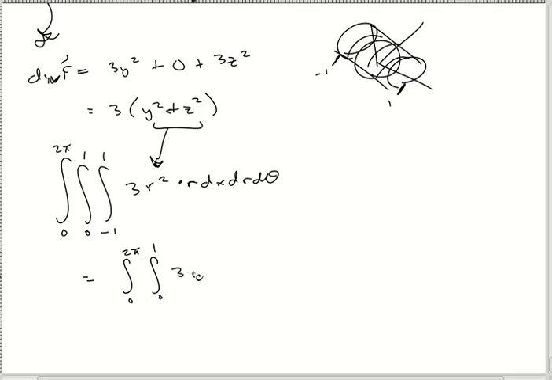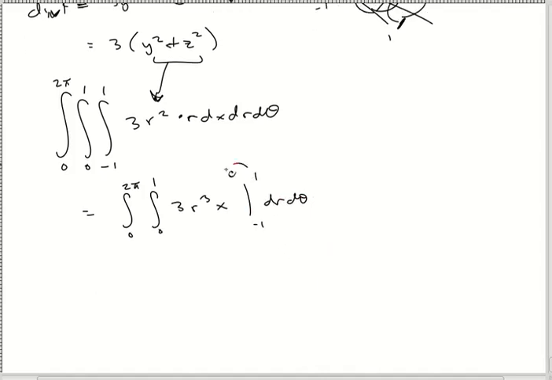It's multiplied. So I don't have an x, so I basically just put an x there, and I'm going from -1 to 1. Plugging in 1, I get itself, and then minus a negative, it's doubling it, basically. So then I got 6, and then I have my double integral r cubed dr d theta.